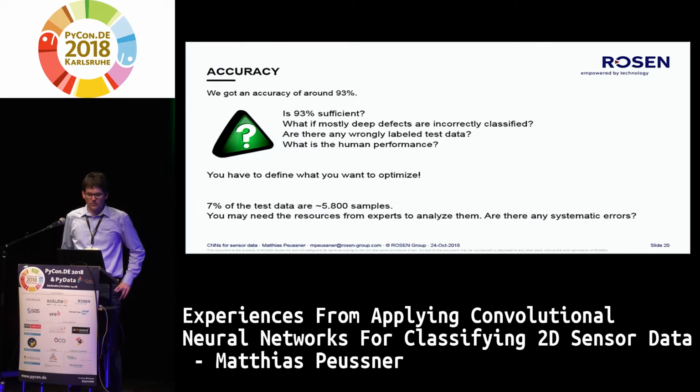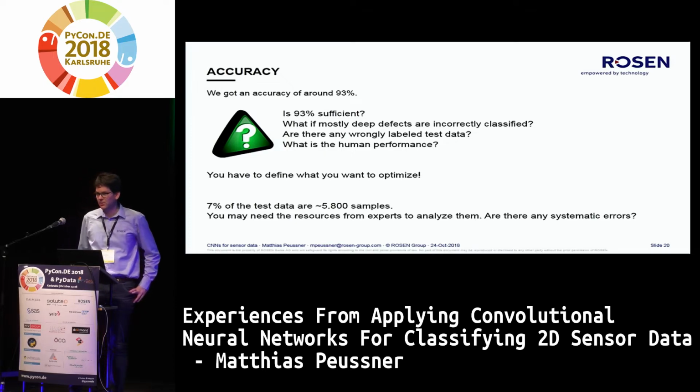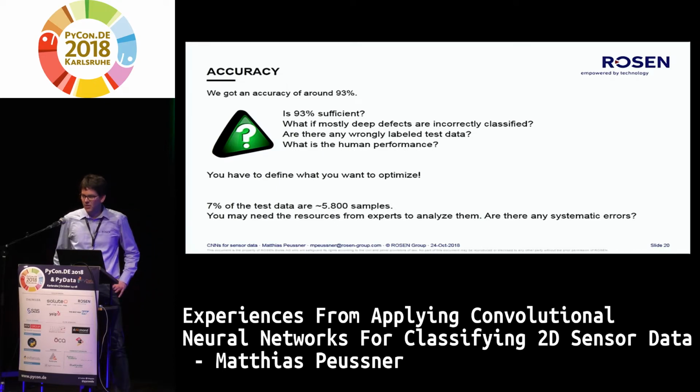But for this 7% test data, these are 580,000 samples, I need an expert who takes a look at this data. And at the beginning, I hadn't taken into account the resources of an expert. So I can recommend that you plan resources from your experts into account if you have sensor data.